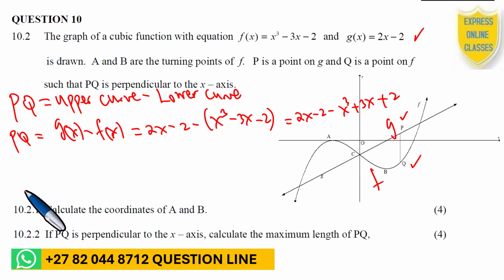And so this gives us PQ is equal to minus x cubed plus 5x. And that is what we have here.